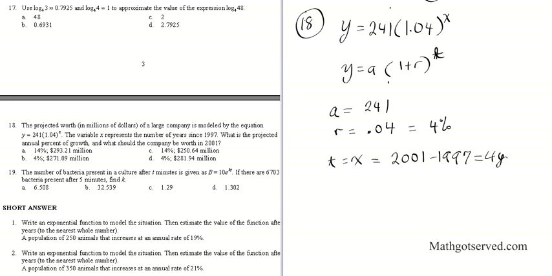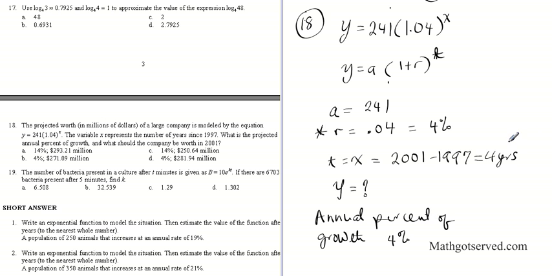And then the final amount is also something we're asked to find. Now, what's the growth rate, first of all? What is the annual percent of growth? This is the percent of growth. So the annual percent of growth is 4%. Gotta be careful. That's 4%.